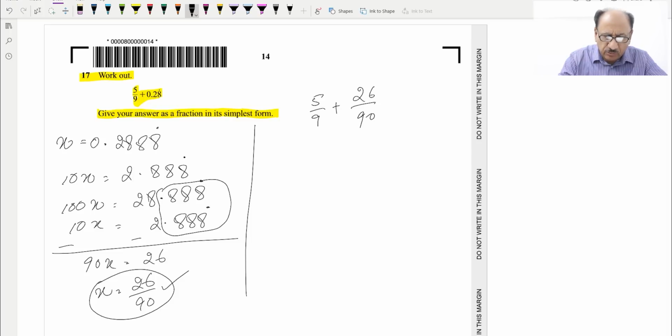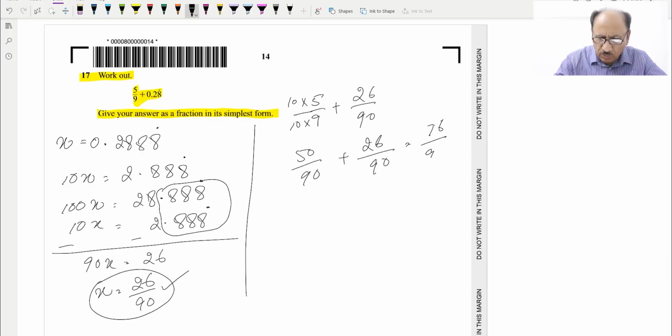Now we can equalize the denominator, so we'll multiply and divide this side by 10 to get 90 as denominator. So this will be 50 over 90, and plus this will be 26 over 90, and now denominators are equal, so we can add the numerators. So this will be 76 over 90, and we have to provide it in simplest form, so cancellation is possible.